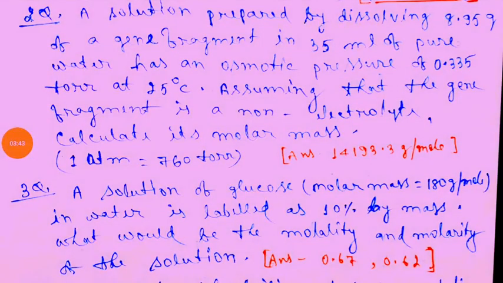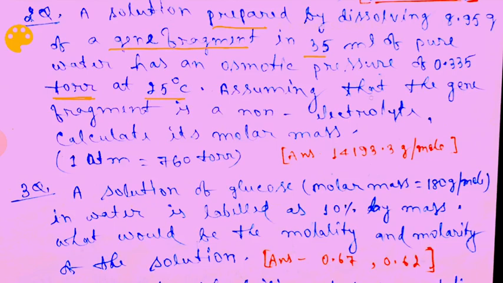Now second question. What is the second question? A solution prepared by dissolving 8.9 gram of a gene fragment in 35 ml of pure water, that is distilled water, has an osmotic pressure 0.335 torr at 25 degree Celsius.